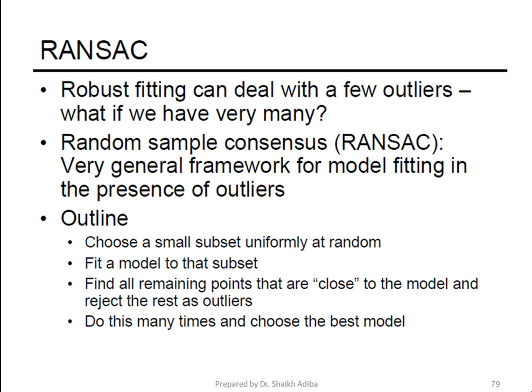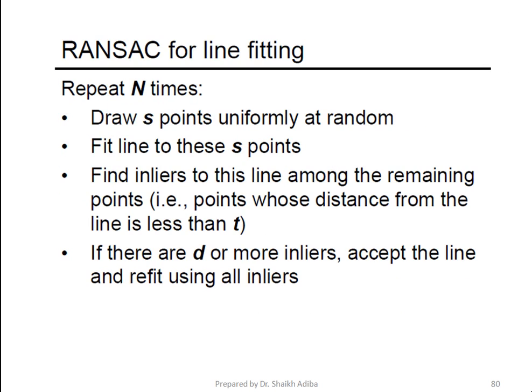And we will reject all those points that are far away from this, terming them as outliers. And this is an iterative process. We'll do it a couple of times to choose the best model.